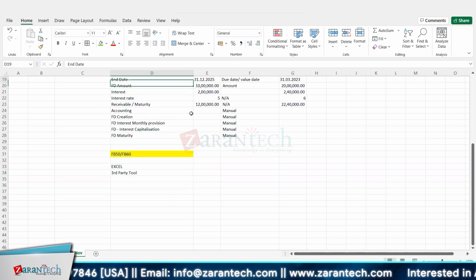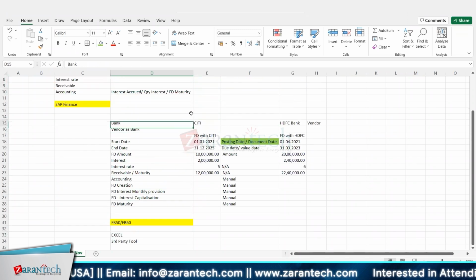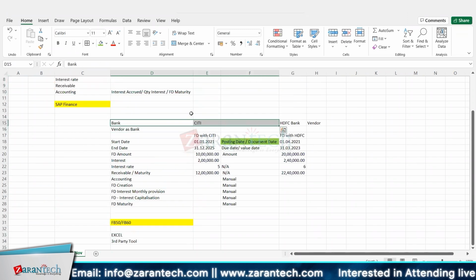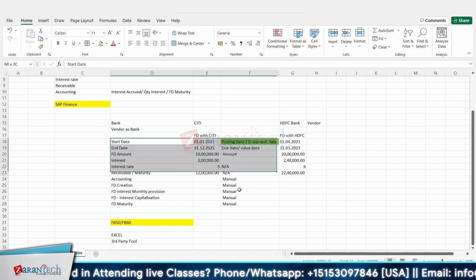And if you want your financial supply chain management process to be robust, and if you expect all these MIS to be generated from the SAP system, then you need a solution where you have complete visibility of all these details.